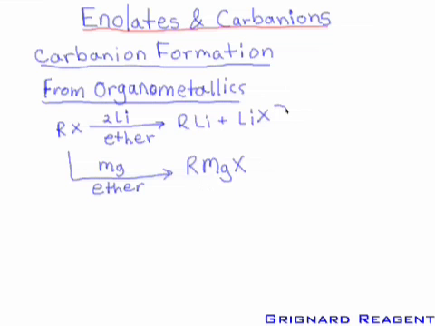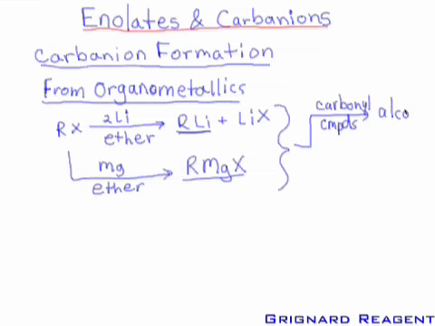If you use either the alkyllithium or the Grignard, and react them with carbonyl compounds, you can produce alcohols, or if you react them with CO2, for example, you can produce carboxylic acids.